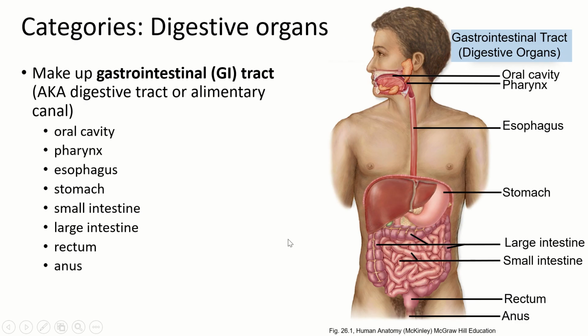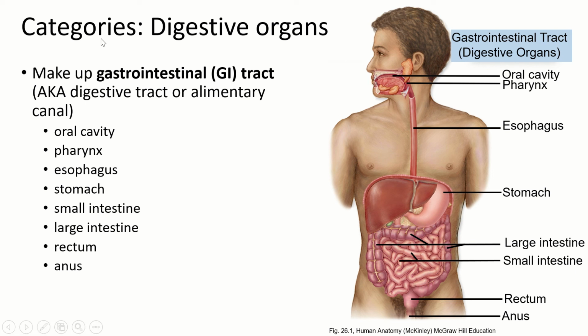So let's look very quickly at the GI tract overall. The GI tract is the gastrointestinal tract, also called the digestive tract or the alimentary canal. This is the path that the food actually passes through, and it's made up of a number of digestive organs who actually do the digestion.